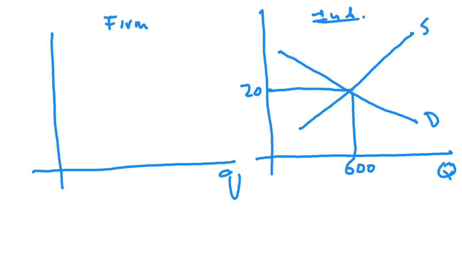Therefore, they don't have any power or leverage to charge different prices. So I am drawing a horizontal demand curve like this. This is the demand curve, also marginal revenue, also average revenue. And this demand is exactly at $20.